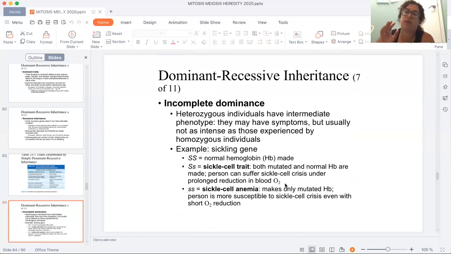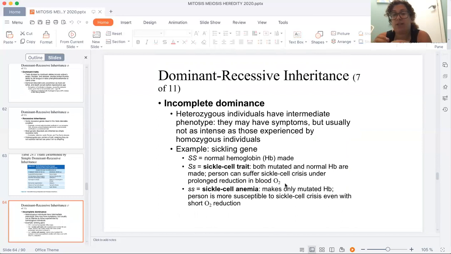And then we can have something called incomplete dominance, where even though we have a dominant that takes over a recessive, sometimes if someone's heterozygous, they may have symptoms, but they're not as intense. An example of this is sickle cell anemia. Sickle cell anemia is typically found in African American individuals. One of their hemoglobins is made abnormally and it can get stuck in places.